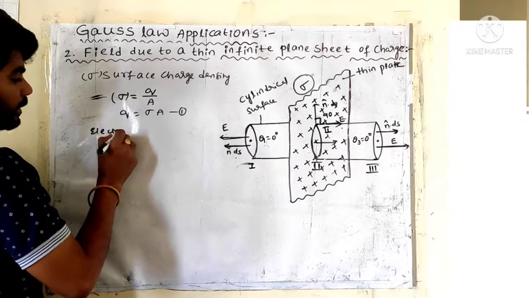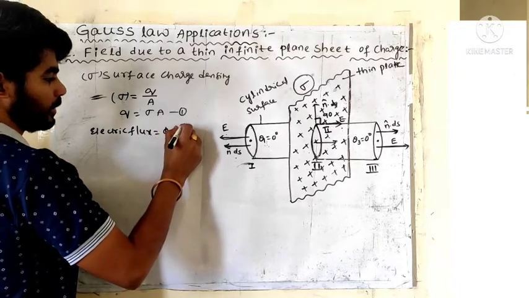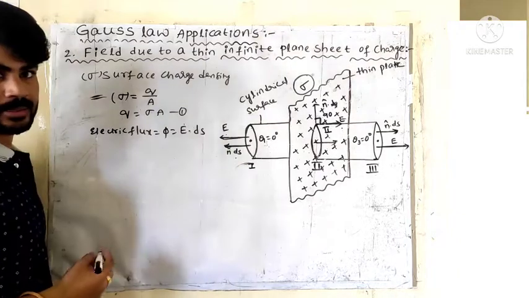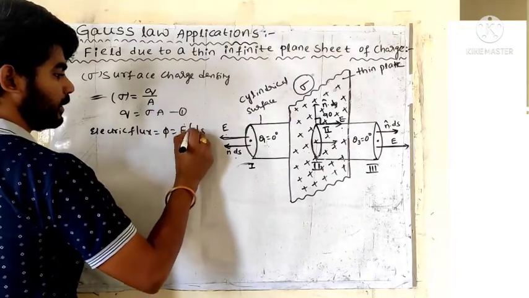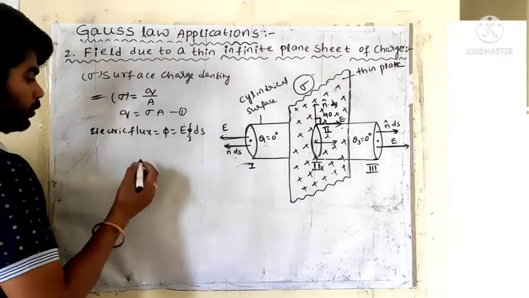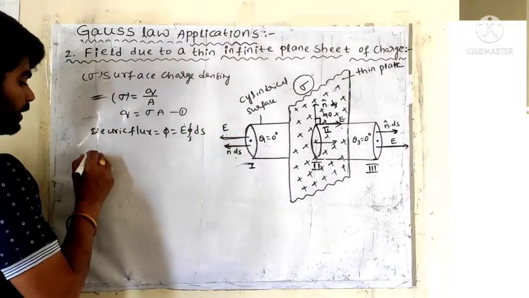Now, what is the electric flux formula? Electric flux phi is equal to E dot ds. So the integral of E dot ds is the general formula, a surface integral. And apply Gauss theorem in this equation.